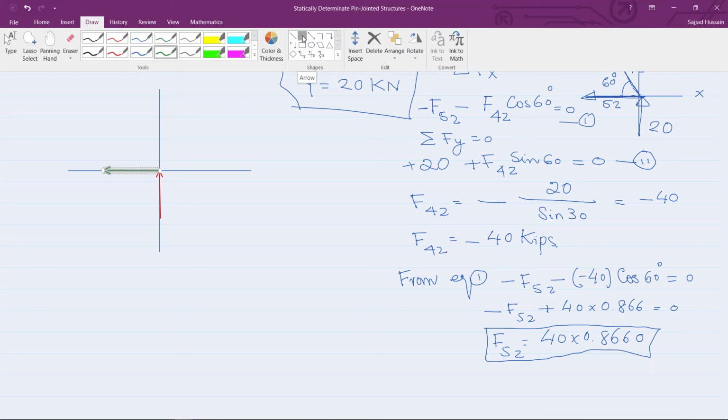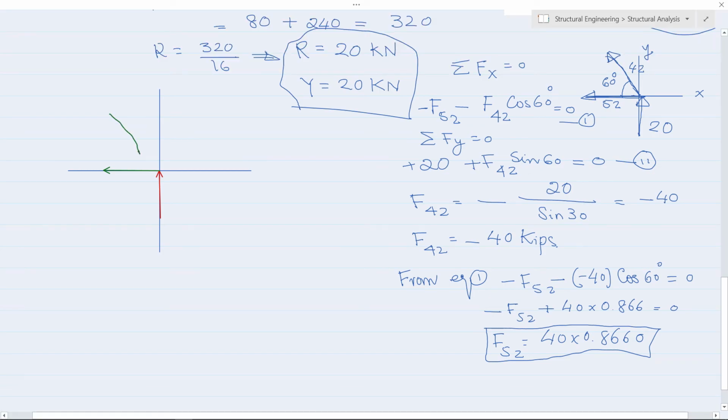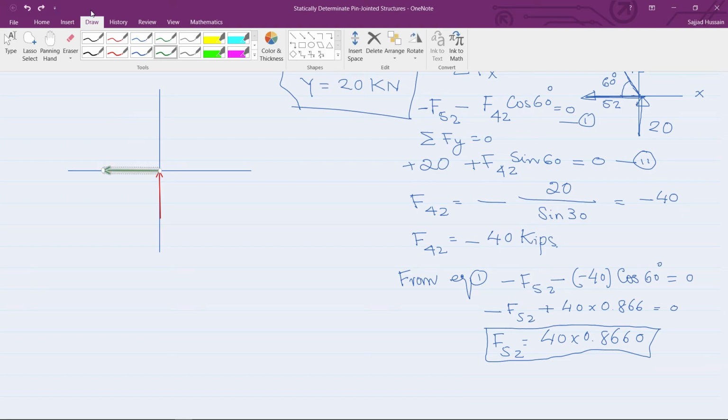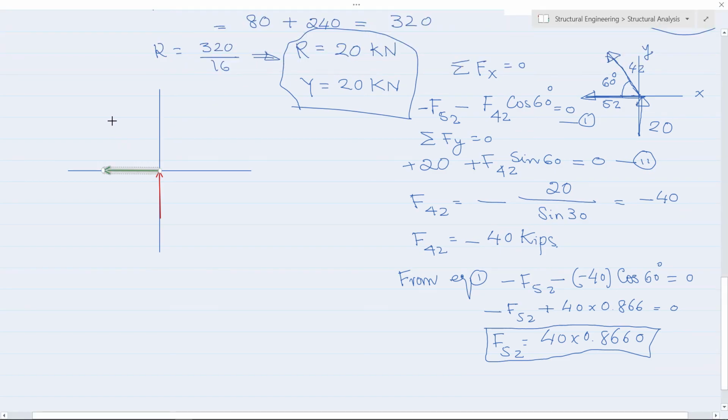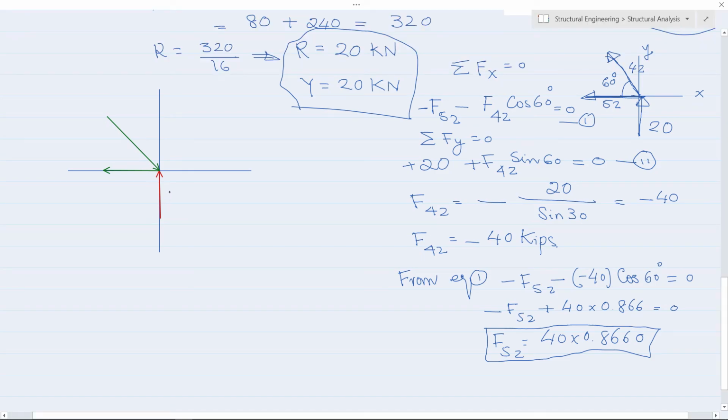Let me select one more color. And F42 is, sorry, F42 is acting in this direction. Now, this is 20 kip.